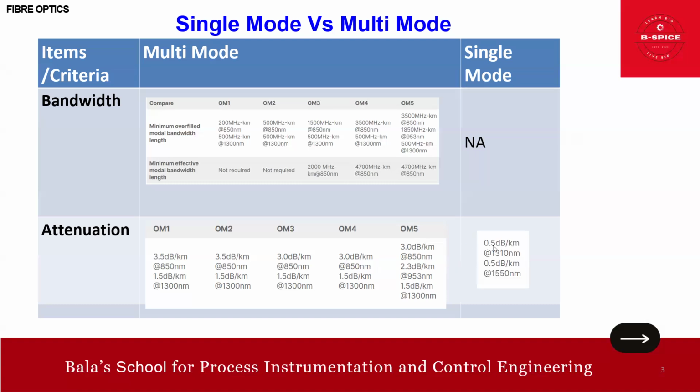As I said earlier, this is lower attenuation: 0.5 dB per kilometer at 1310 nanometer and 0.5 dB per kilometer at 1550. So clearly single mode has a lower attenuation than multi-mode, which is more vulnerable to attenuation. That's it about the attenuation.